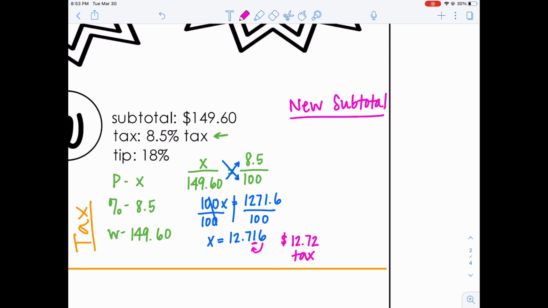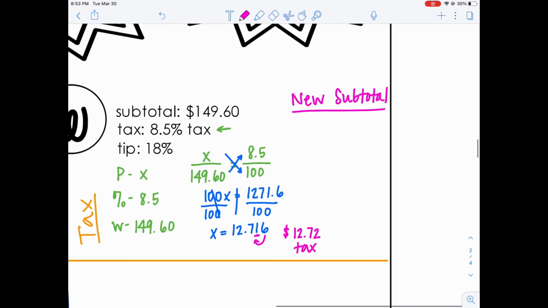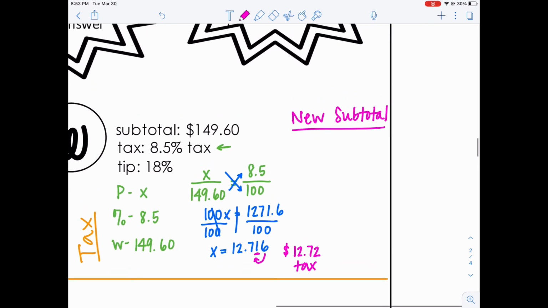Remember, our new subtotal is the original subtotal, which was $149.60. And we add that to the amount we found for tax, which was $12.72.